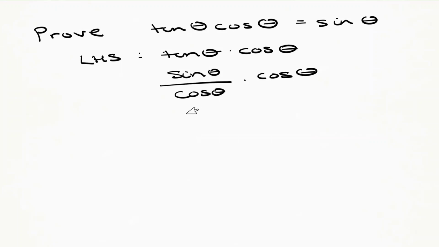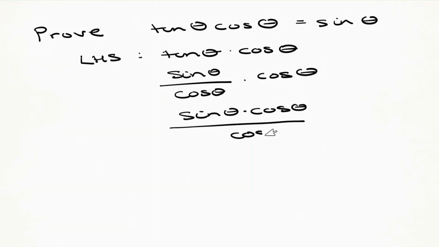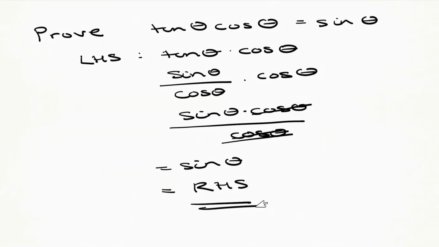We then have sine theta times cosine theta over cosine theta. Now these two can cancel out, so we're left with sine theta, and that is what we had to prove. So that's a very simple example.